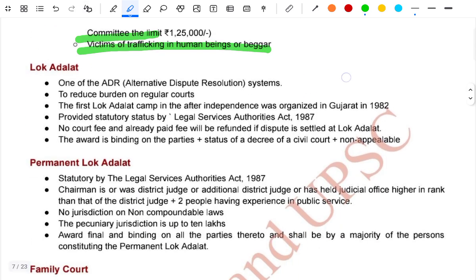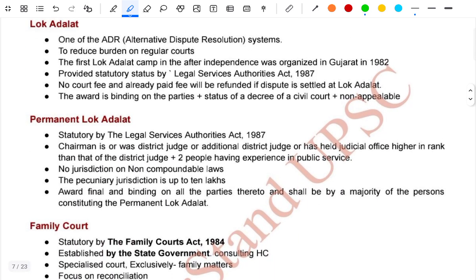Lok Adalat. It is one of the ADR, Alternative Dispute Resolution systems, to reduce the burden on regular courts. The first Lok Adalat after independence was organized in Gujarat in 1982.